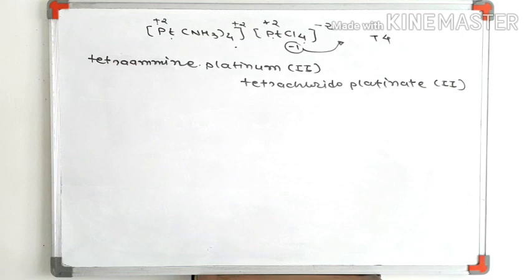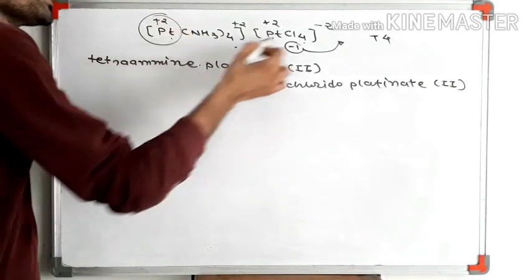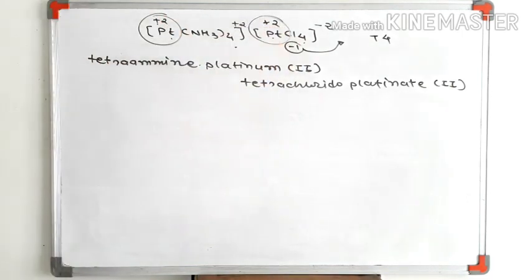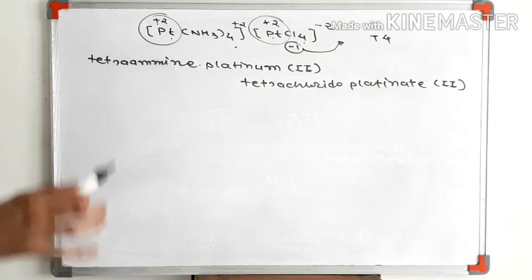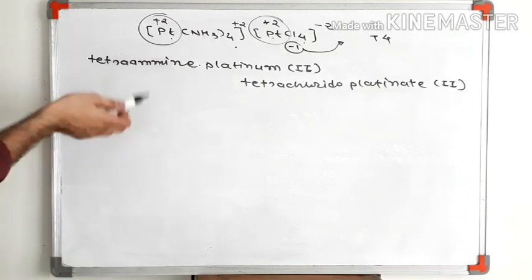Now it is not necessary that both metal ions always possess equal oxidation numbers. It is possible that both metal ions possess different oxidation numbers also. But if there are different oxidation numbers, they have to give them, otherwise you cannot calculate it.